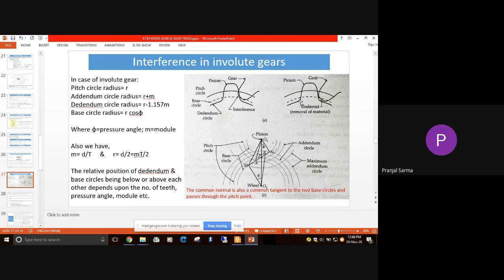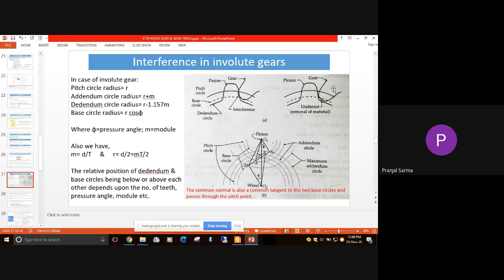In that particular case, the tip of the tooth on the gear will undercut the tooth on the mating pinion at this root portion. That is a removal of material happening here, because the addendum circle of the meeting gear is exceeding the value and digging here, so it will undercut.